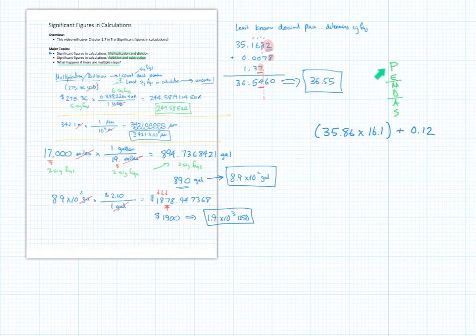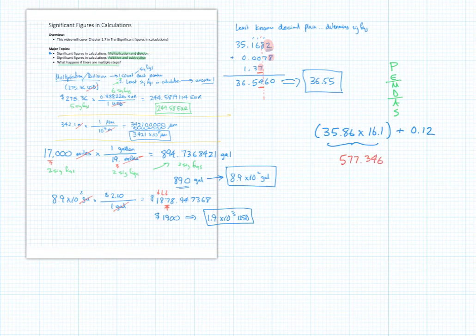Okay, so using this PEMDAS method, we want to do what's inside the parentheses first, and you notice that's a multiplication. We're going to use the rules of multiplication division to figure out the sig figs, set the sig figs, and then we're going to add. So this number, it turns out, is 577.346.